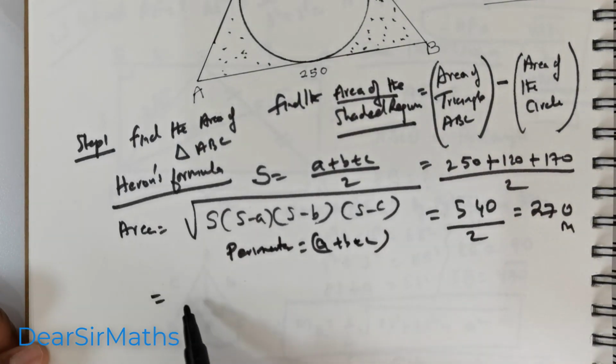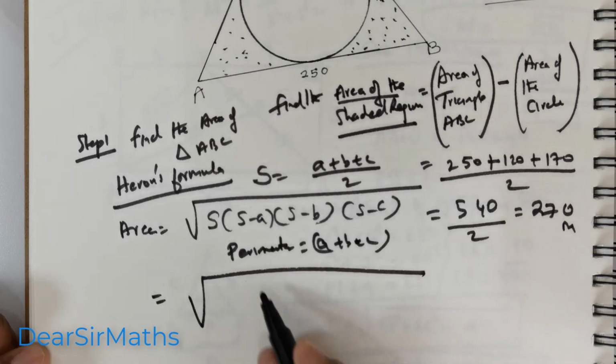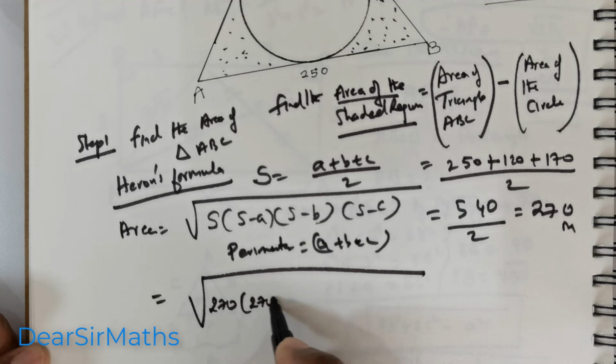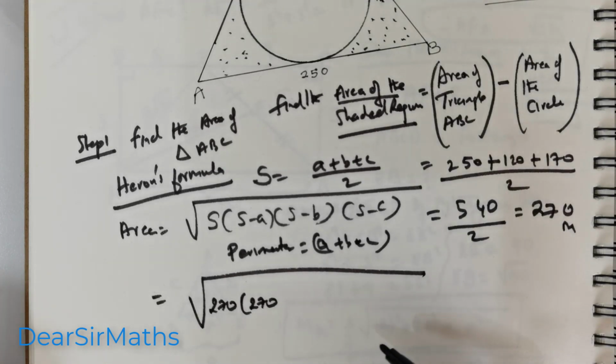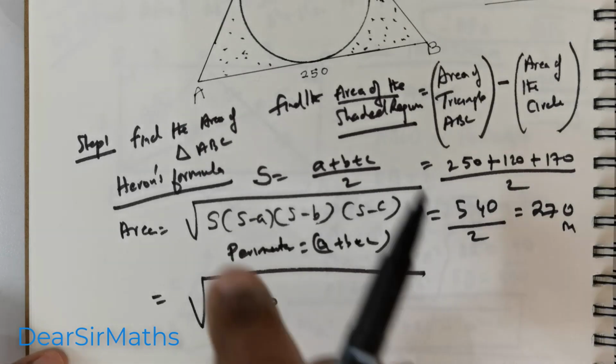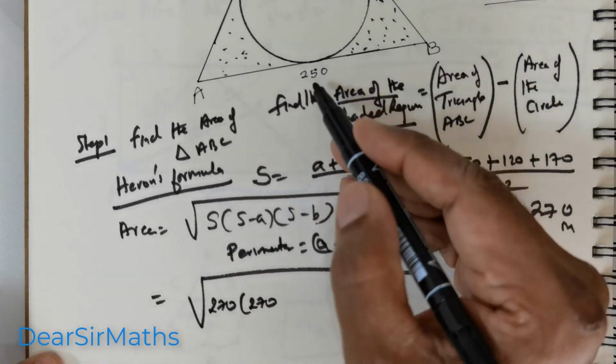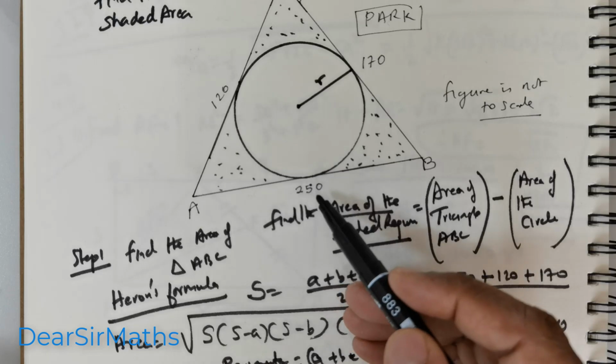So now I need to get the area formula. So 270 times 270 minus A. So we need to get the value of each of the sides, right? So you can simply place in this information, right?